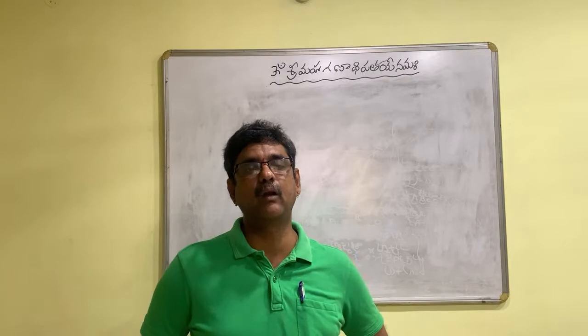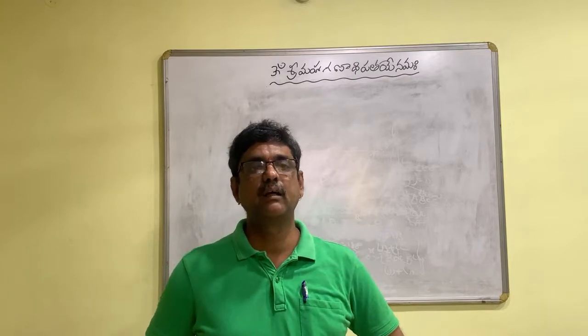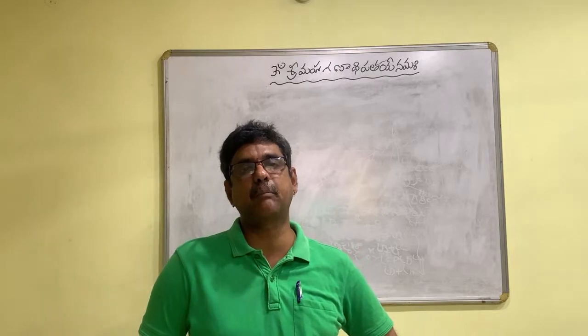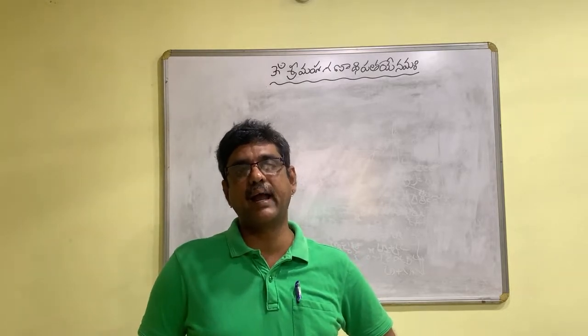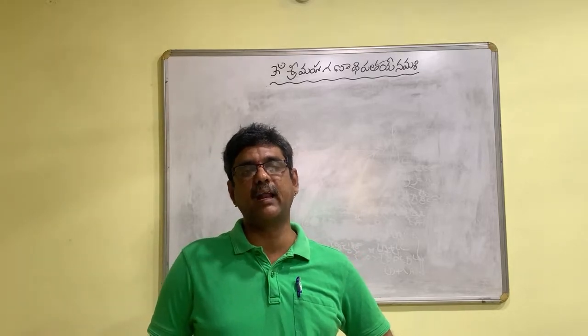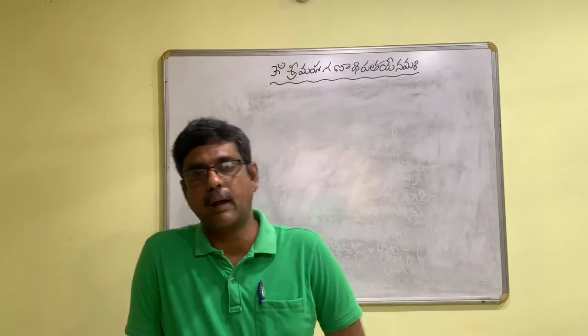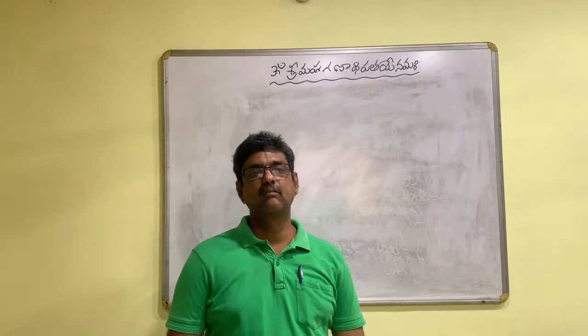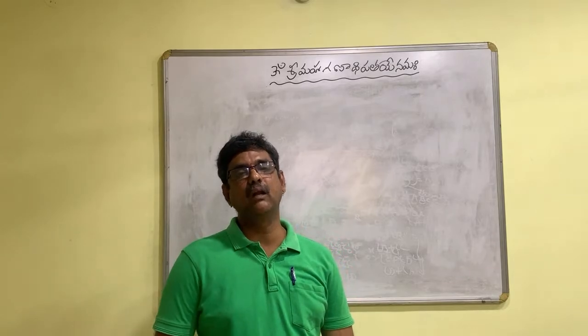First one is the definition. A quadrilateral in which both pairs of opposite sides are parallel is called a parallelogram. And it is having 5 properties. First one is opposite sides are equal.